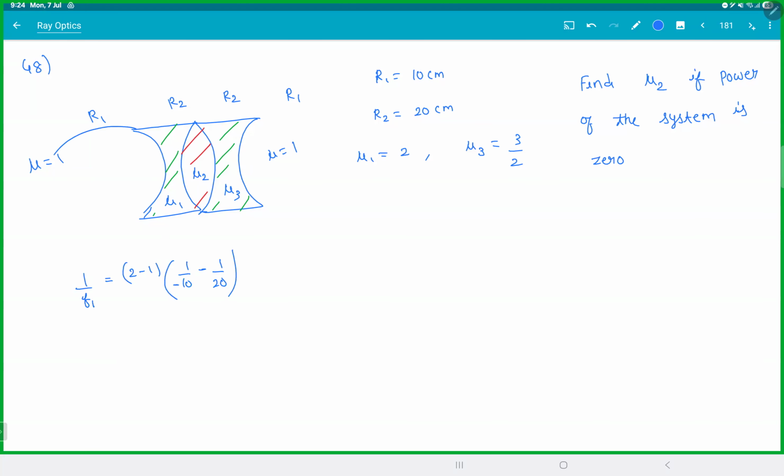Remember, r1 is negative. The center is on the left hand side. This will be minus 3 by 20. 1 by f2 will be mu minus 1, times 1 by 20 minus 1 by minus 20. 1 by f3 is 3 by 2 minus 1.